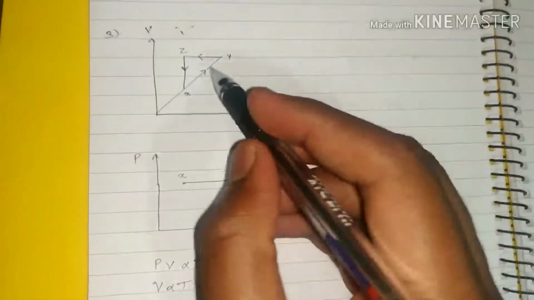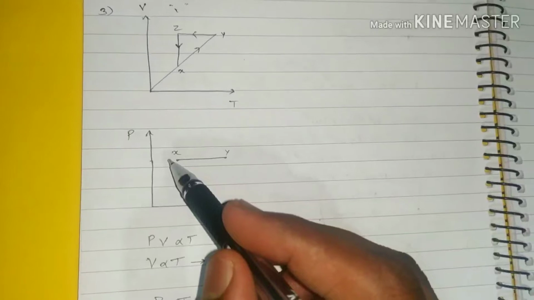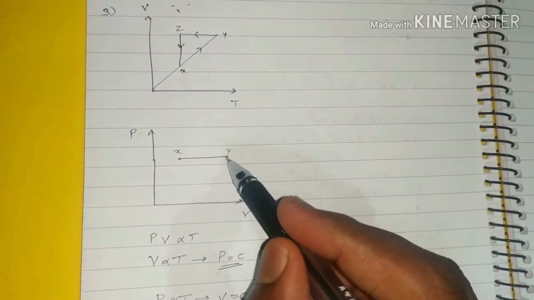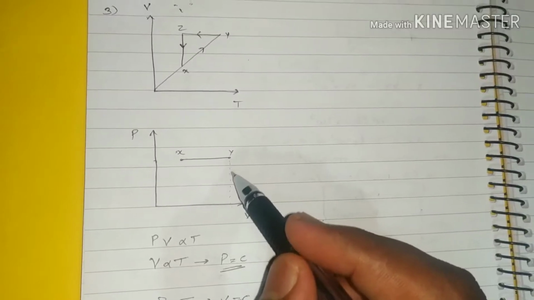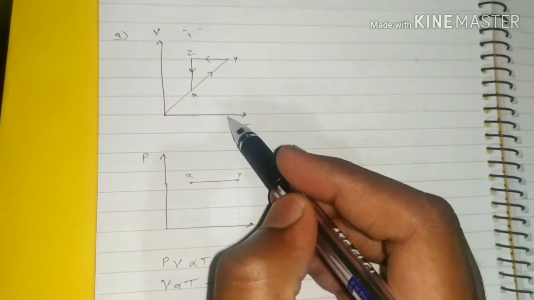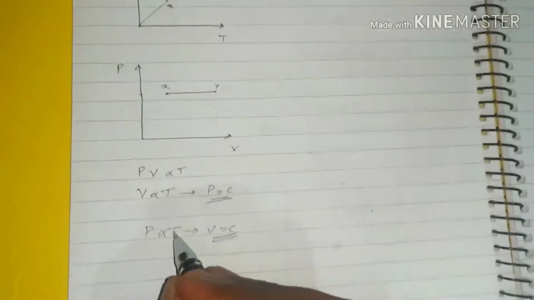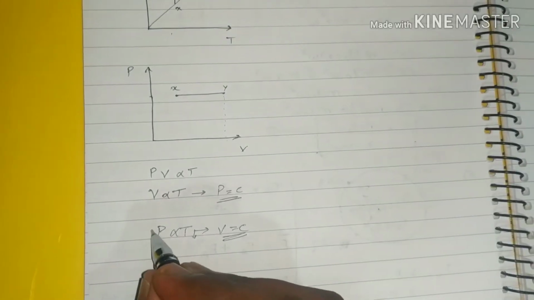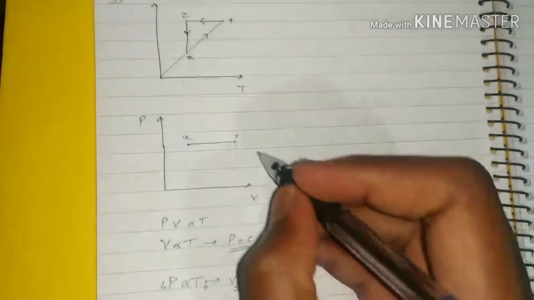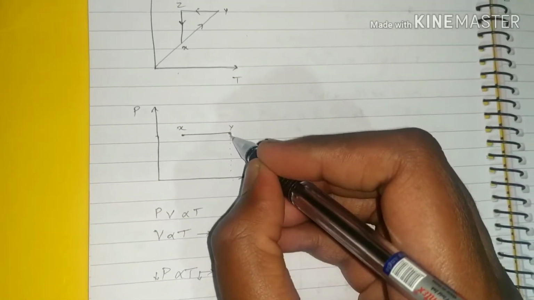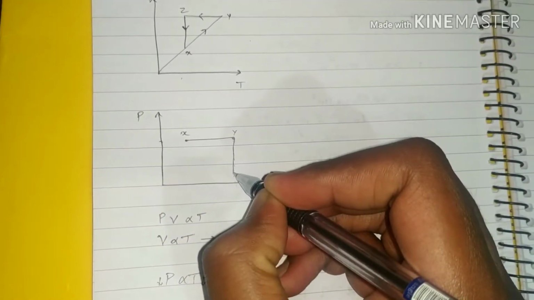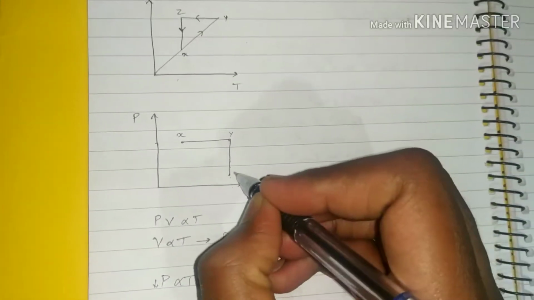That means this can be represented as volume being constant. Now here from y to z, since the temperature is decreasing, the pressure is also supposed to decrease. So the graph in the PV graph comes like this. This is y to z.